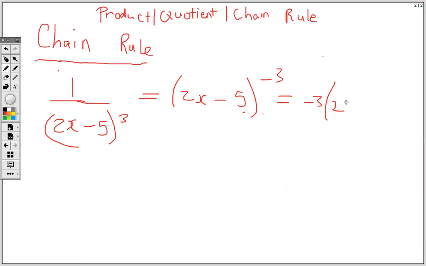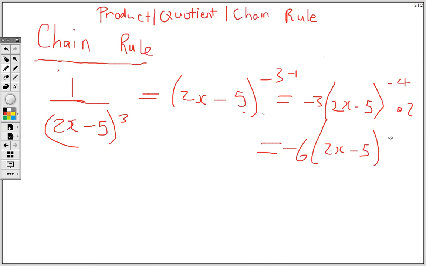Then I have 2x minus 5. Then I take away 1 from this, so I have negative 4. Then differentiate the inside, so I'll have times 2. So my answer is negative 6, 2x minus 5 to the negative 4.